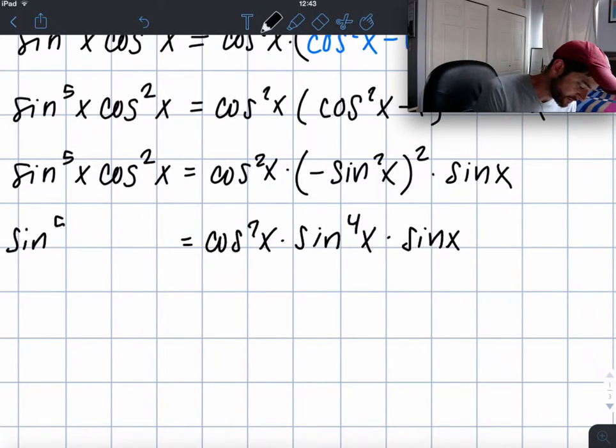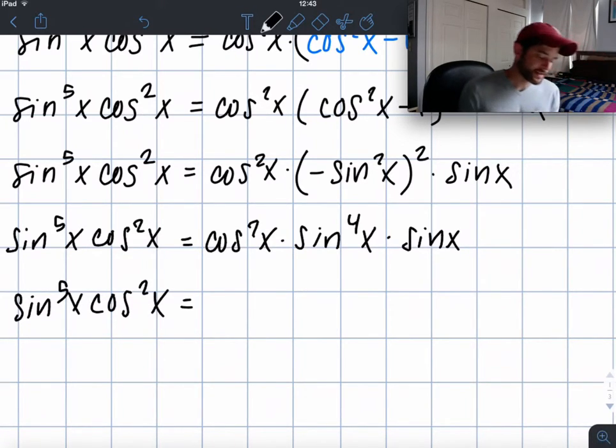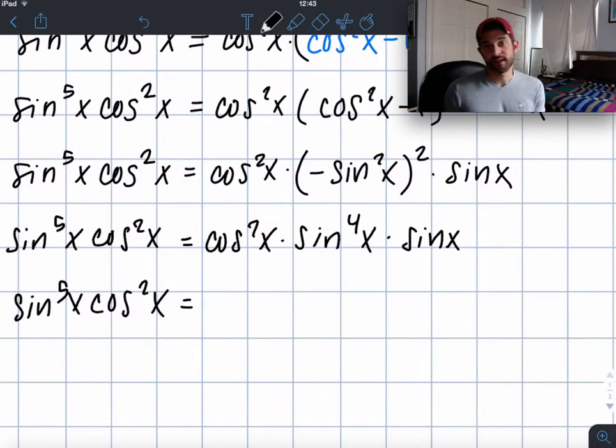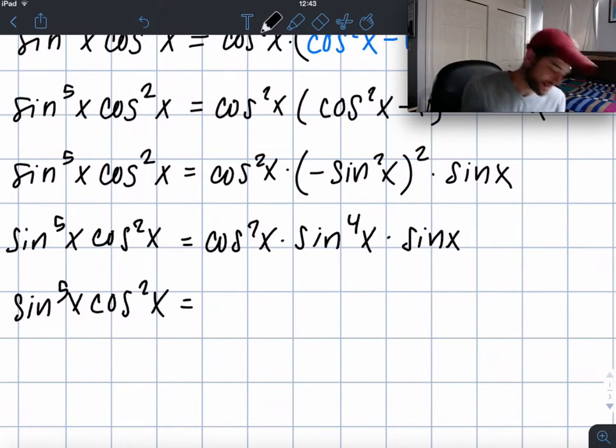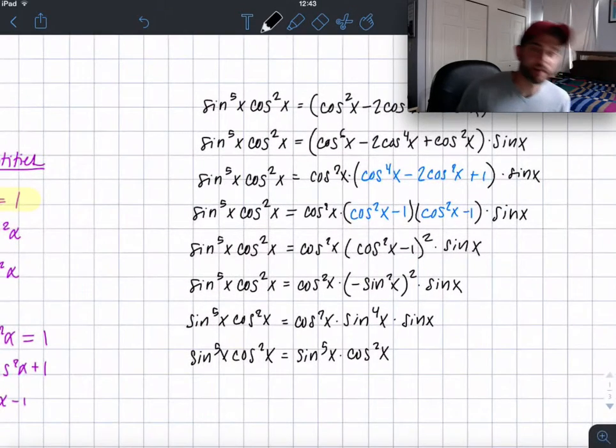And then I multiply all of the factors on the right-hand side. Cosine squared x stays the same, but sine to the fourth x times sine x gets me my sine to the fifth x. And there's our identity verified.